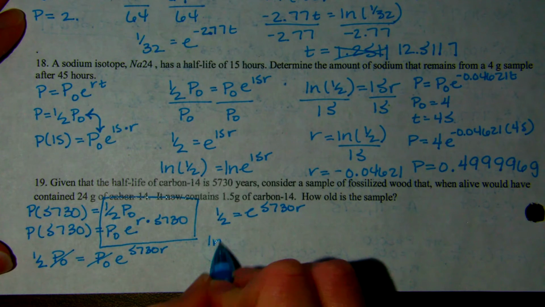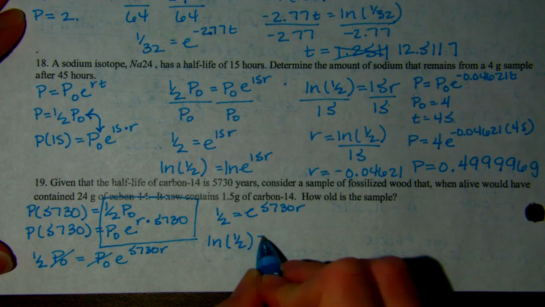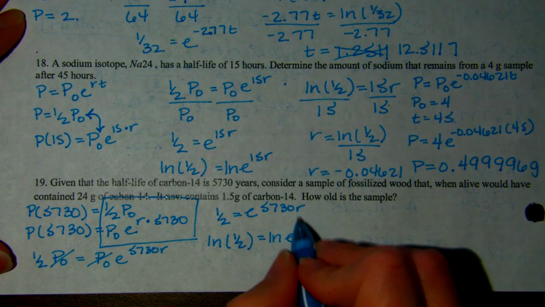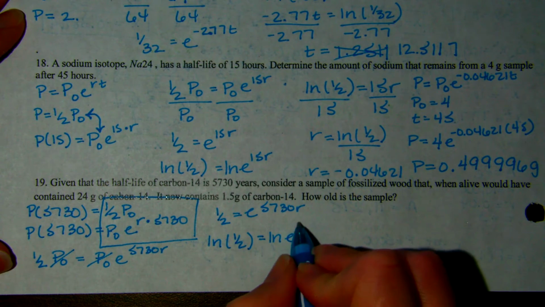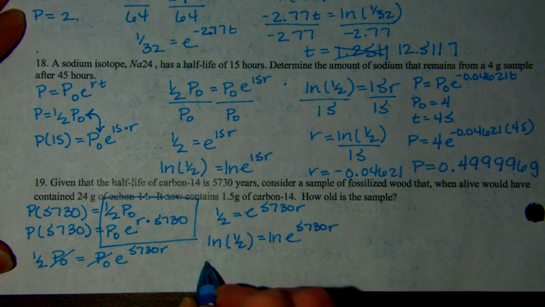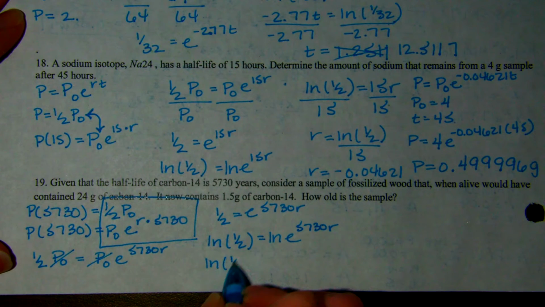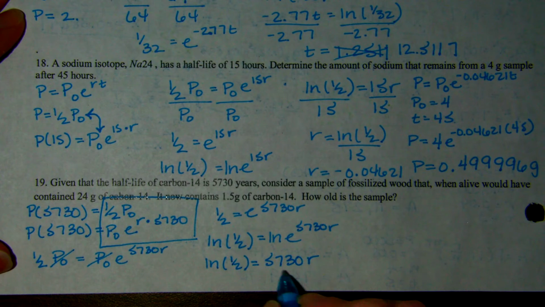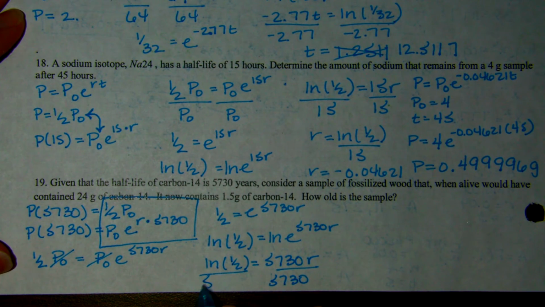And we take the natural log of both sides, and if this feels familiar, it's because we did it right here with just a different multiplier. So the natural log of 1/2 is equal to 5,730r. And to solve for r, we divide by 5,730.